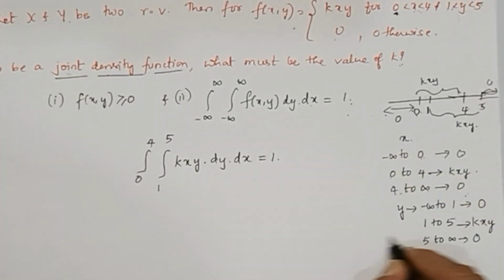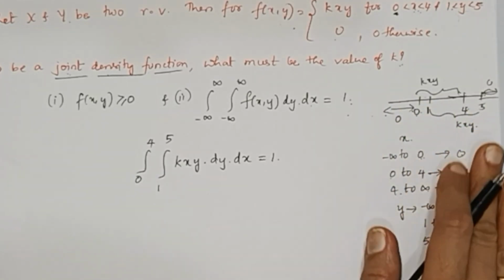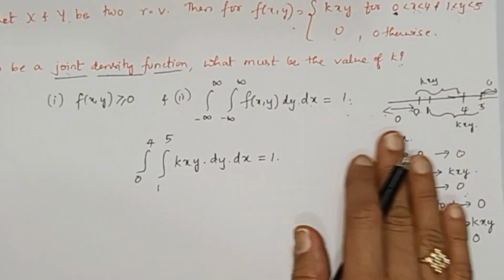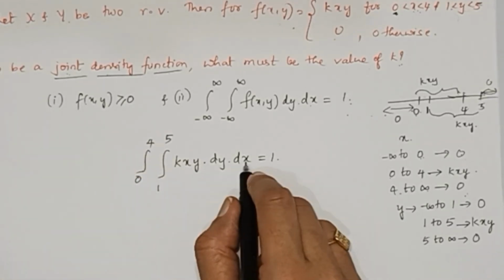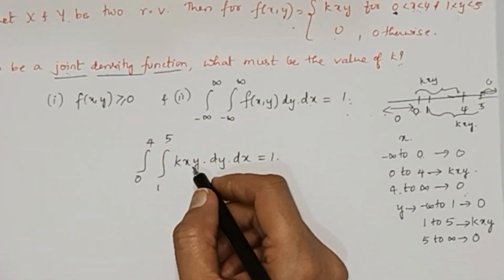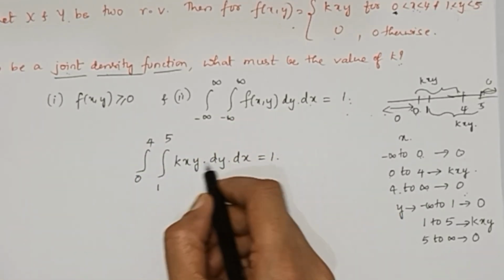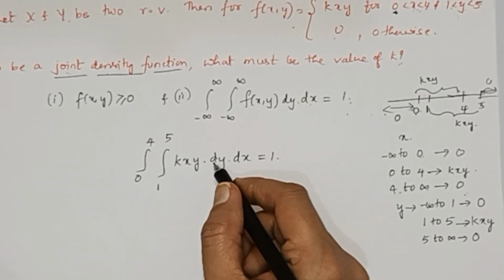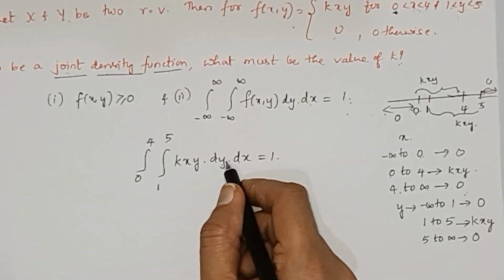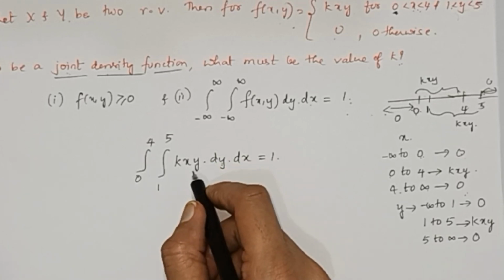So always remember, first you have to get the limits for the variable x and variable y. That is done now. Now it is double integration. Double integration is the same as a single integration, but here you have two variables. When you are integrating with respect to y, you have to keep x as constant.